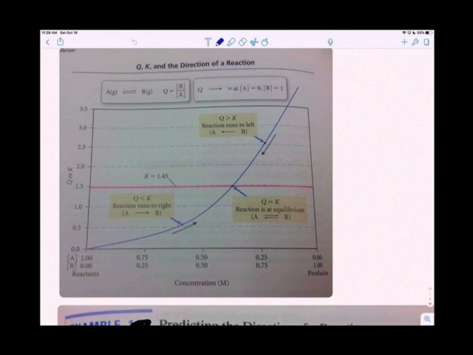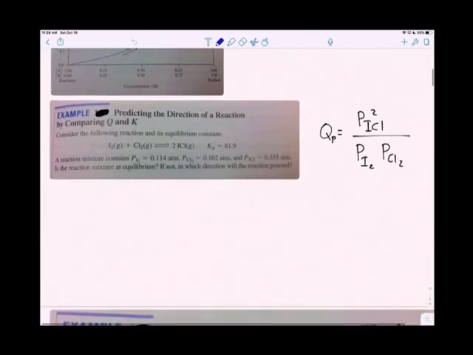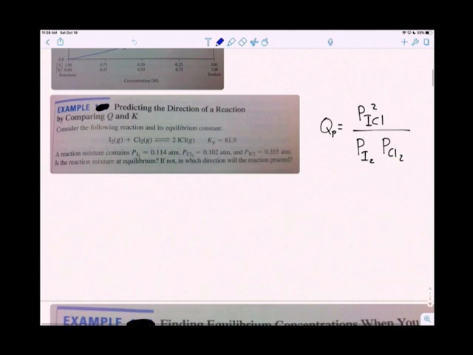So if the graphing helps you better, the y-axis is Q or K, the value of that, and the x-axis is the concentration of the products. Okay, concentration of what? It has concentration of A on top, concentration of B on the bottom.